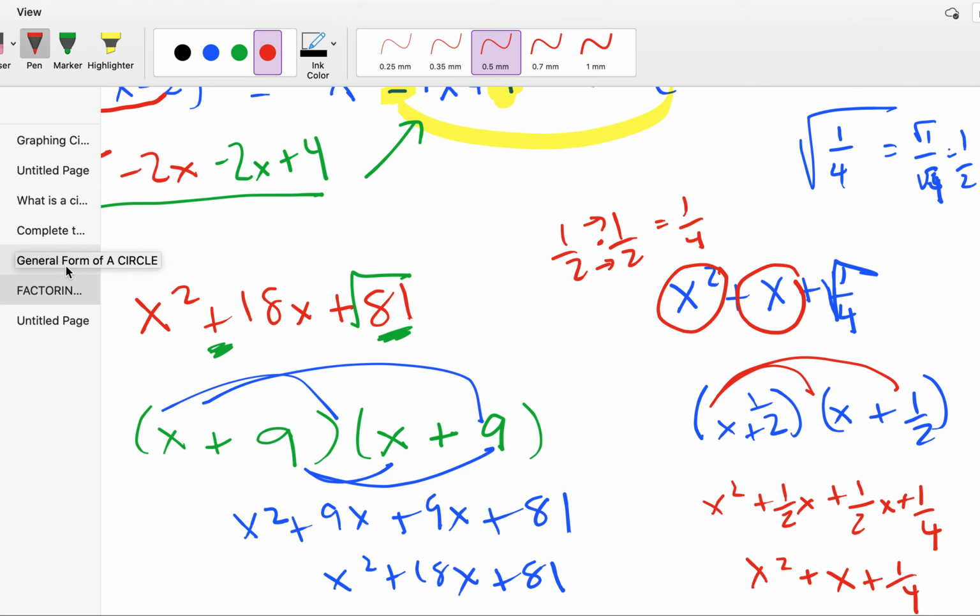And maybe I'll do this video as an introduction to completing the square and to being prepared to do the general form, but then the second video will be actually doing the general form itself.